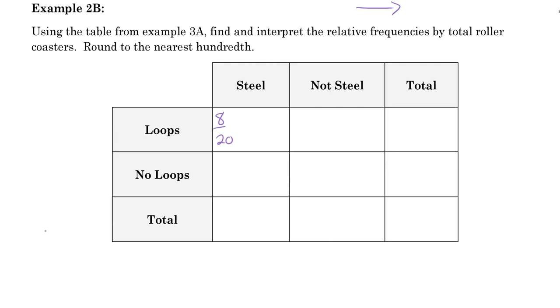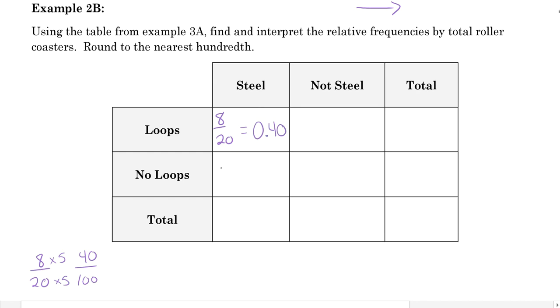And remember, if we're rounding to the hundredths place, why not rewrite our fraction with a denominator of 100? So how do I get 20 to be 100? I'm going to multiply by 5. So if I multiply my numerator by 5, 8 times 5 is 40, so this would be 40 hundredths, which is 0.40, or if you rounded it to the tenths, it would be 0.4.